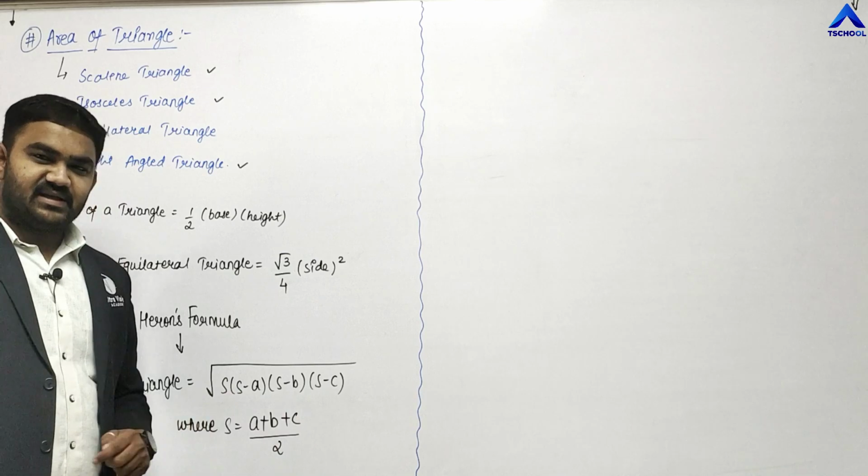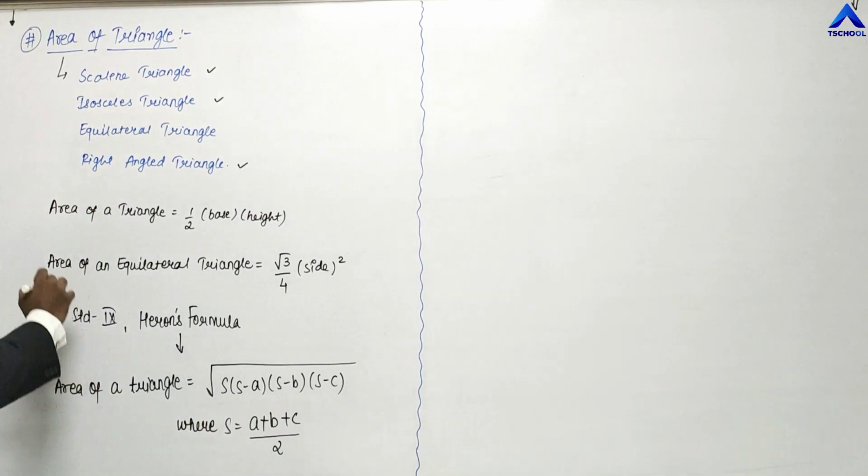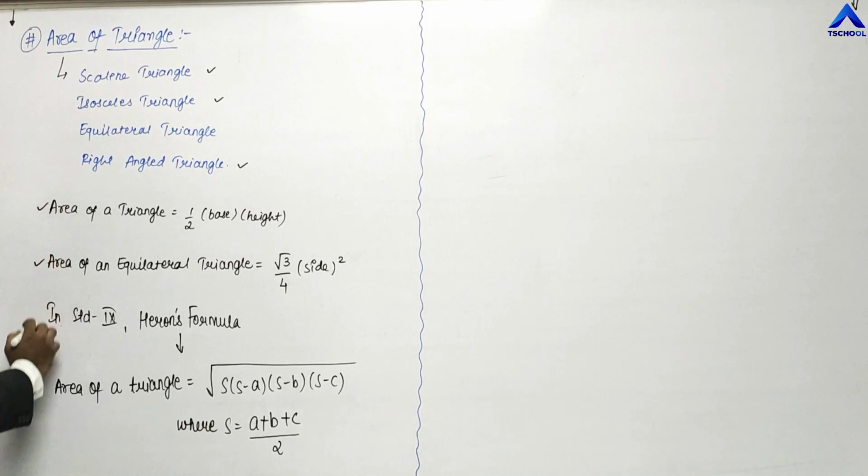A, B and C are the lengths of the sides of a triangle. So these were the 3 formulas that we have studied in our previous classes.